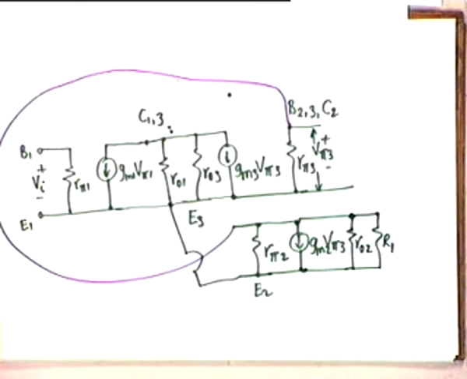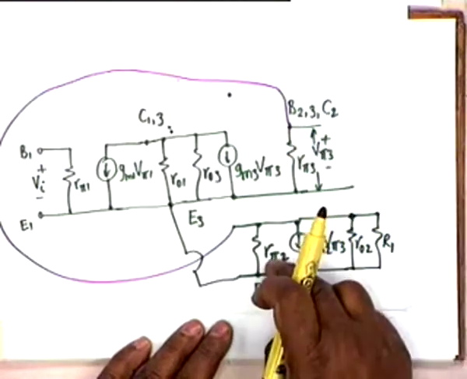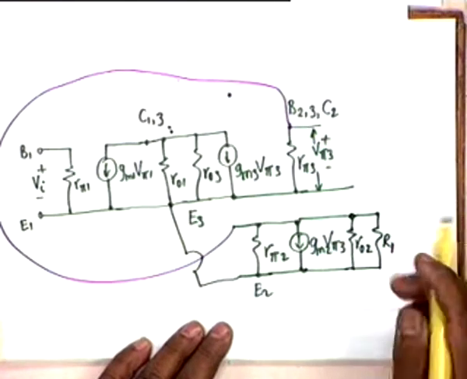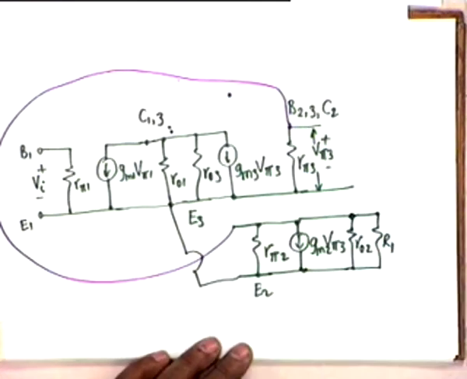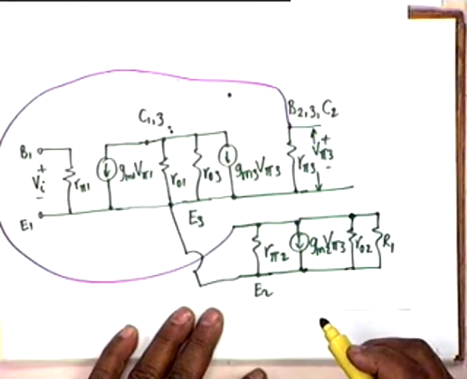Okay. Now once again the point of observation or inspection. You look at this circuit: R pi 3 parallel R pi 2, GM2 V pi 3, R02, R1. What is the voltage across this current generator?